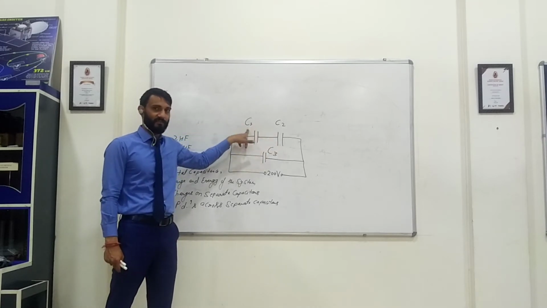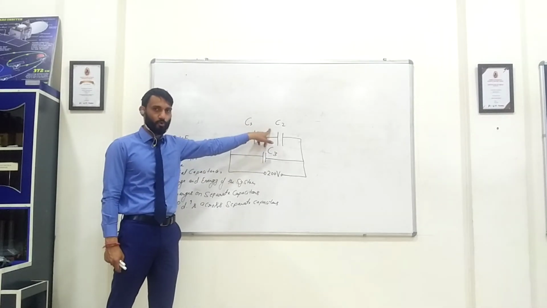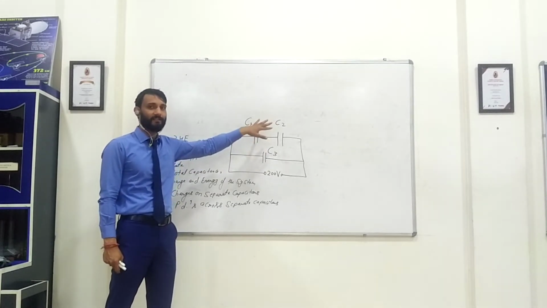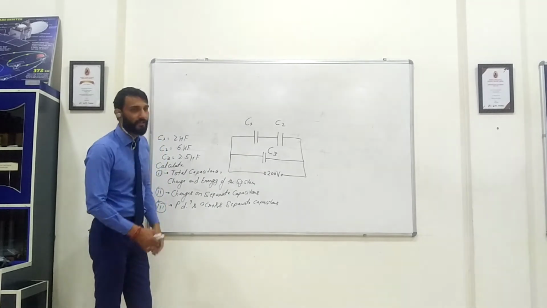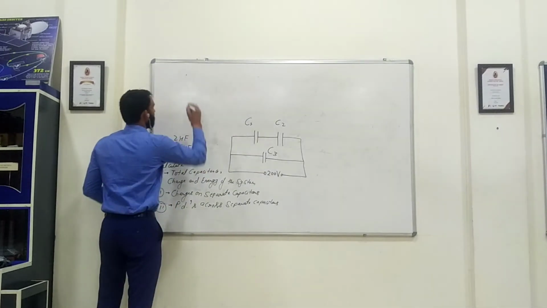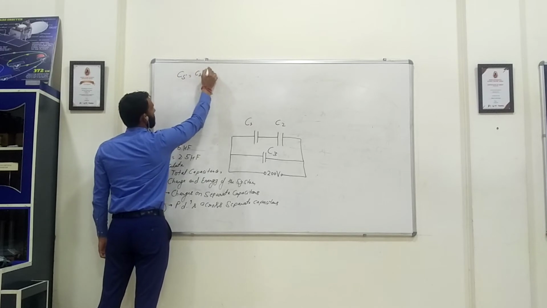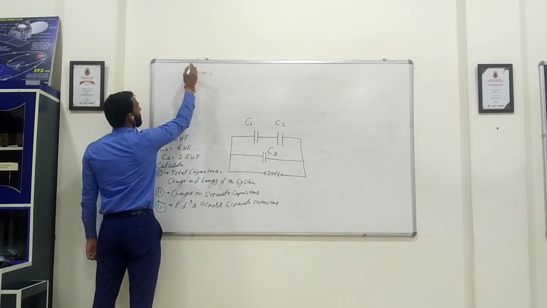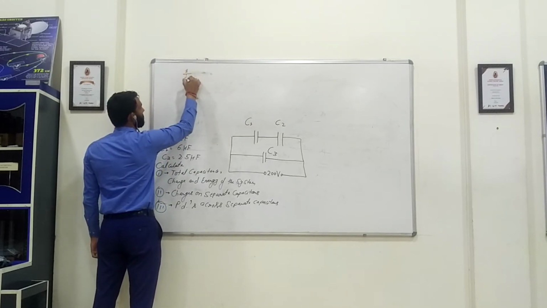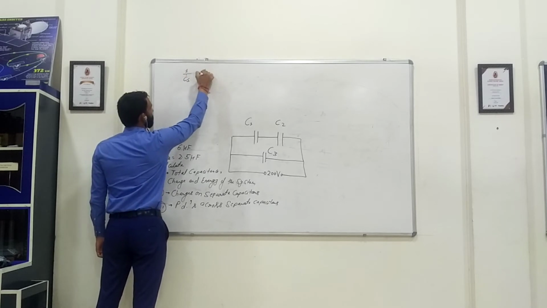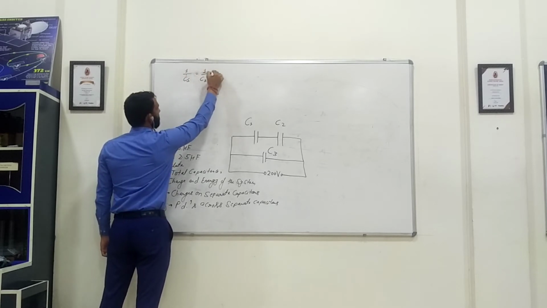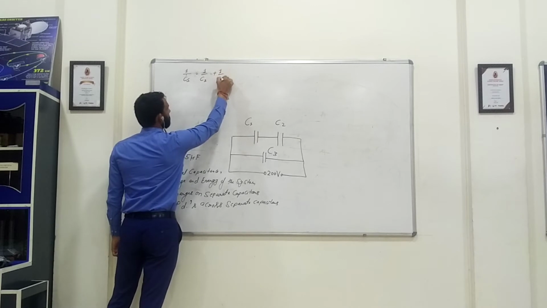If the same charge is passing through C1 and C2, they are connected in series. So what will be the net capacitance of C1 and C2? 1 upon Cs is equal to 1 upon C1 plus 1 upon C2.